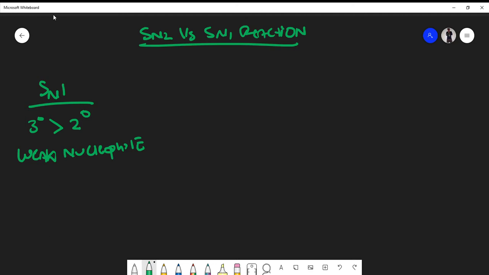Now the nucleophile can also be a solvent, so you have to keep that in mind. Your nucleophile in Sn1 reactions can also be your solvent. Speaking of the solvent, let's use bullet points.